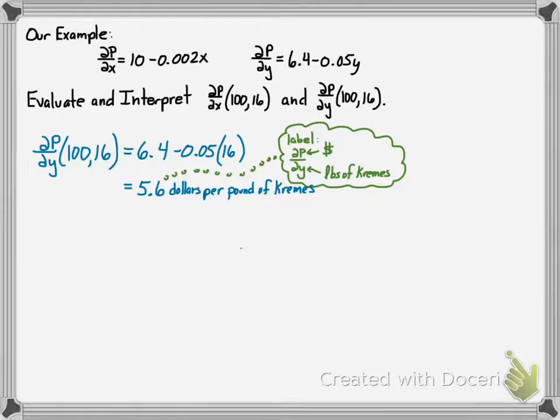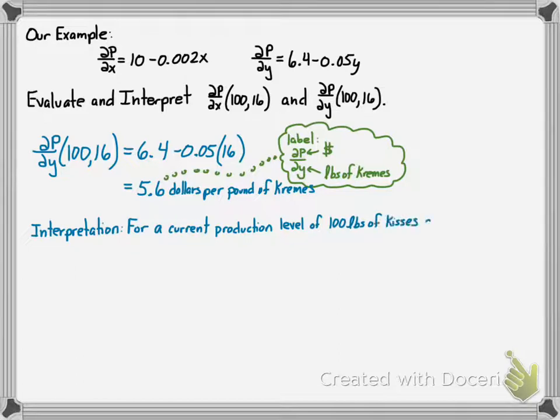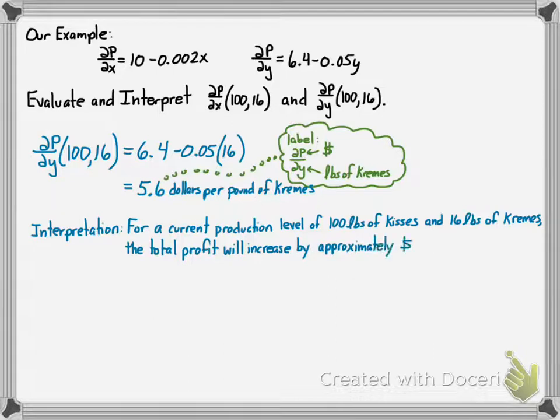Okay, so let's take a look at what that interpretation is going to be. For a current production level of 100 pounds of kisses and 16 pounds of creams, the total profit will increase by approximately $5.60 for a 1 pound increase in creams, and by keeping production of kisses constant.